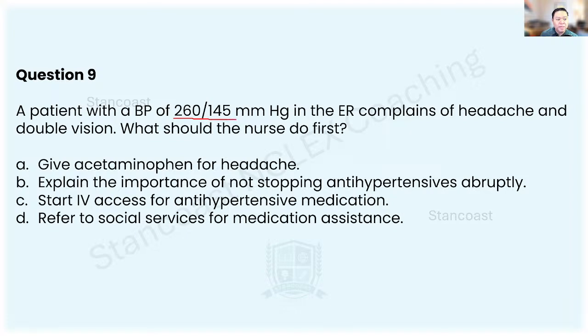That's quite a big monster right there. 260 over 145. Yeah, I've seen this kind of blood pressure in one of my patients before. It's going to scare the hell out of you. And so if you're going to do letter A, give acetaminophen for headache, it's not going to treat the hypertension, right? It is going to be a secondary intervention.